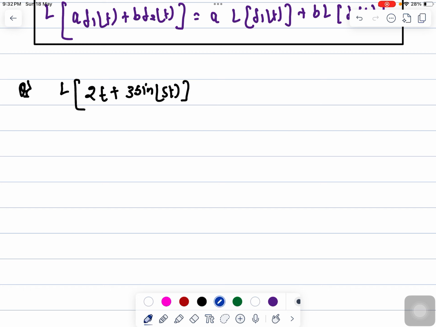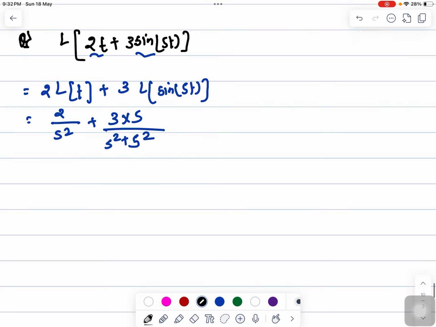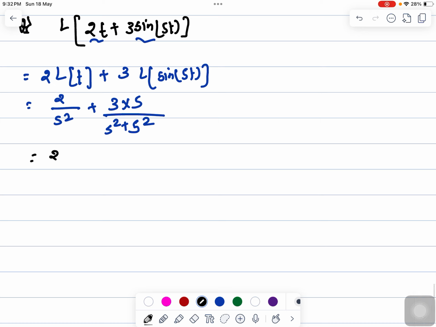These are two functions, this is f1(t) and f2(t). So I can write 2 into Laplace of t plus 3 into Laplace of sine 5t. That will be equal to 2 divided by s square plus 3 into 5 divided by s square plus 5 square. Is that clear? So finally you will be left with 2 upon s square plus 15 divided by s square plus 25.